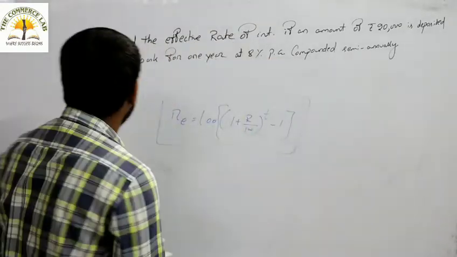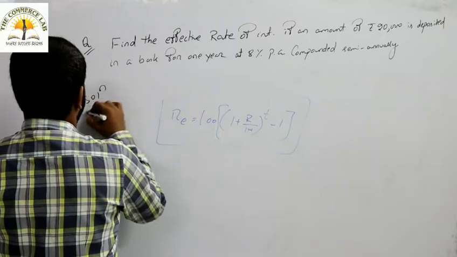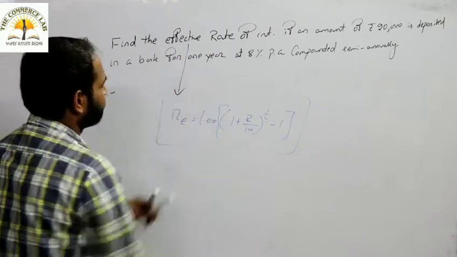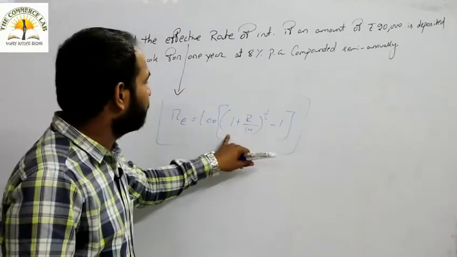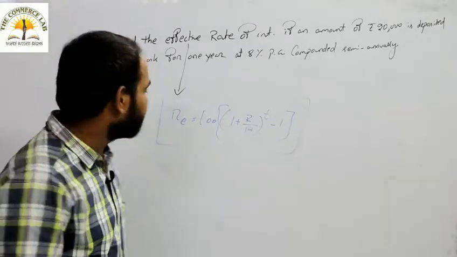So, we know the formula. Effective rate of interest RE is equal to 100 into (1 plus R by 100) to the power T minus 1.